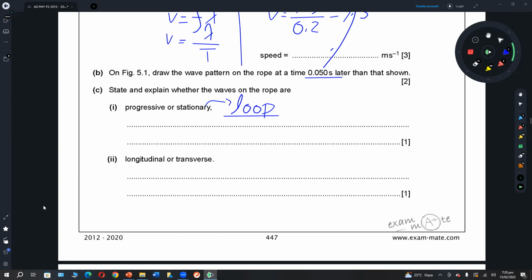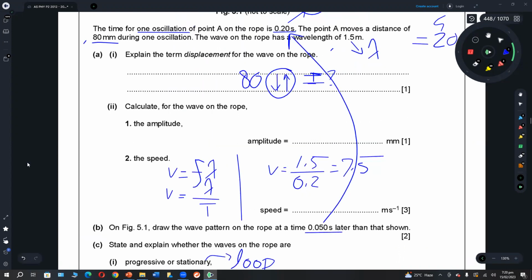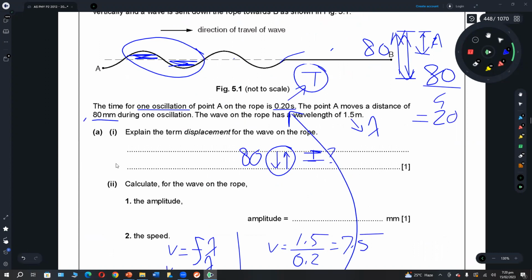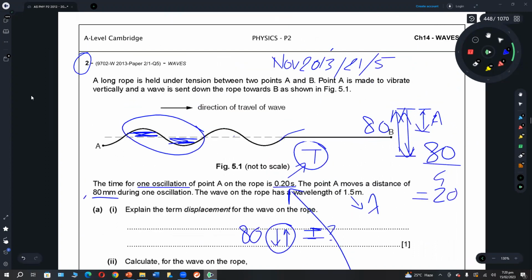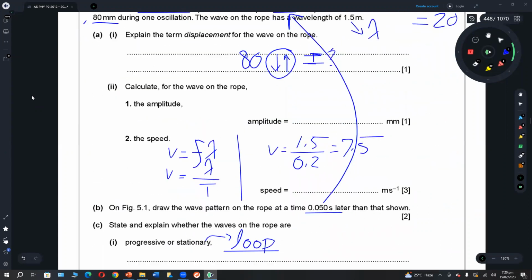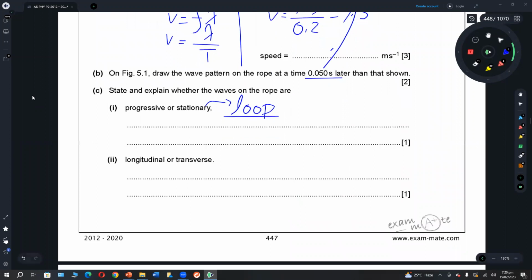You can find, is there any loop? Remember the discussion we were making yesterday? The loops appear like this one. So this is not a stationary wave, it is a progressive wave because it is carrying energy and leaving.